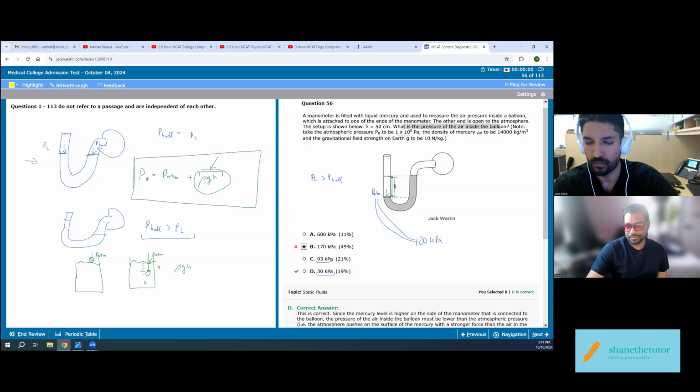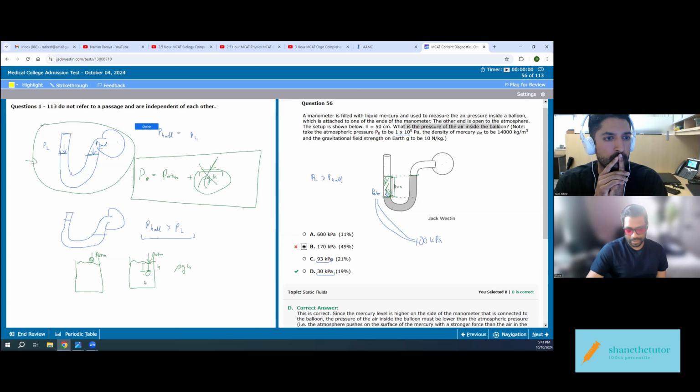Like if this came up to here, and they're equal levels, this H value would be zero. It won't be a thing, and then this will turn into a zero. And so that just means that the pressure on the left is atmospheric pressure and the pressure on the right, pressure from the balloon, is also atmospheric pressure. That's this scenario here, right?